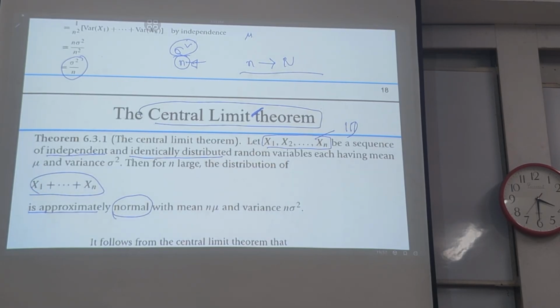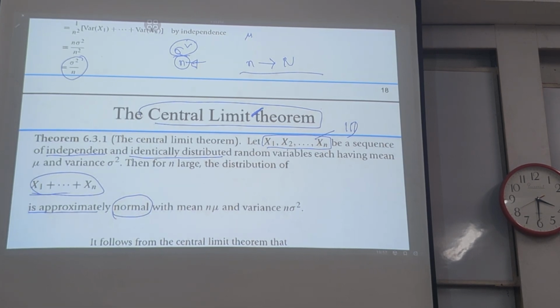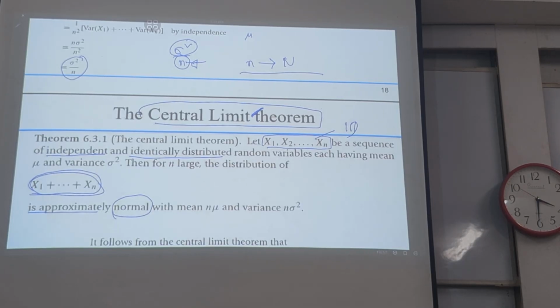The sum of n random variables of any type, for example the sum of n binomial random variables, n uniform random variables, or n of any random variable, will have approximately a normal distribution. So we can write that the summation is normal.